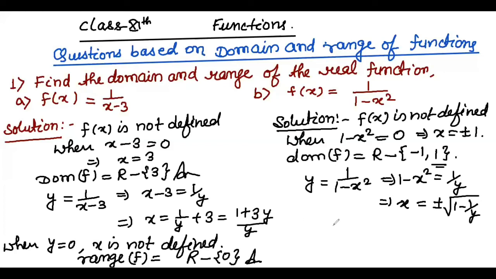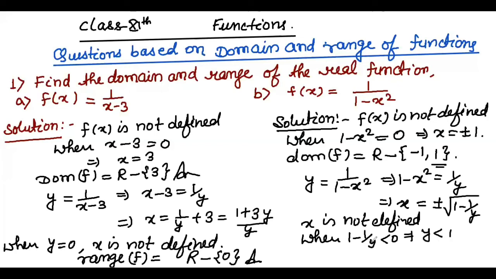x is not defined when 1 minus 1 by y is less than 0. So we can write it as y is less than 1. So we have to avoid it. So the range of f will be the right hand open interval 1 to infinity.